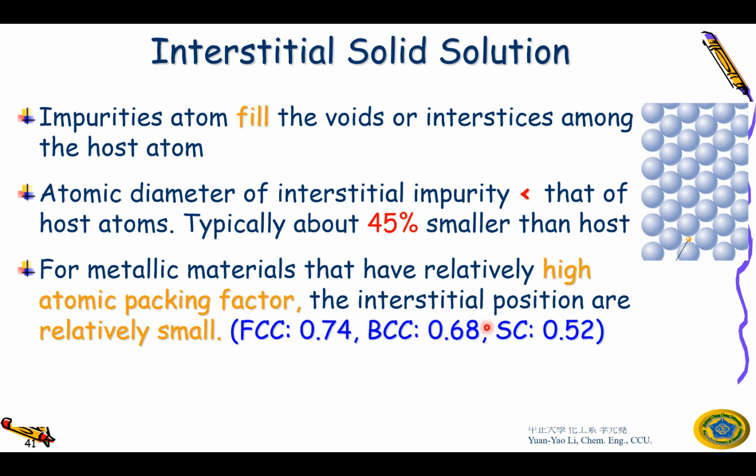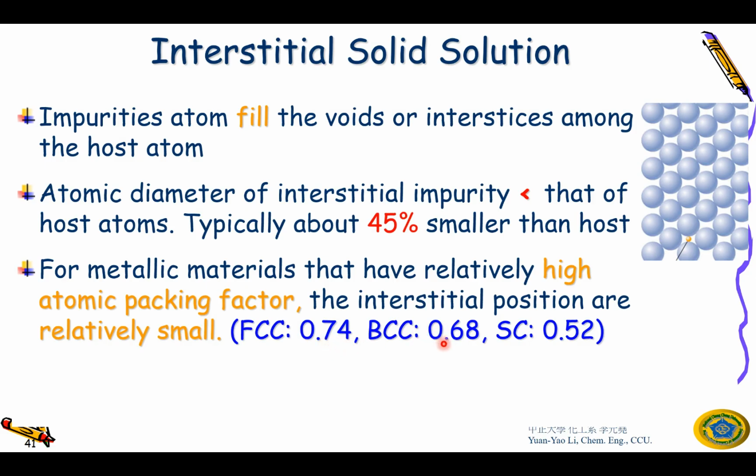If you have more empty space, of course you can have more interstitial impurities in the crystal, right? That's why if you have a high atomic packing factor, you will have fewer interstitial positions. The interstitial space of FCC is 26%.